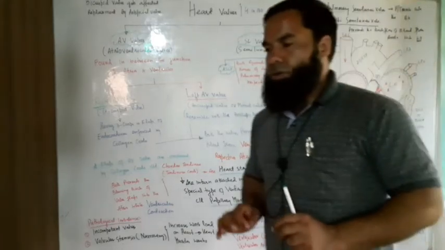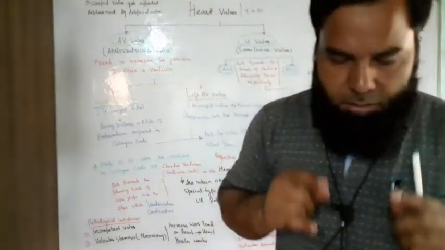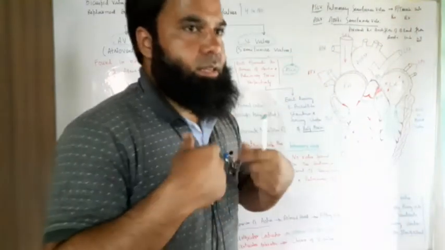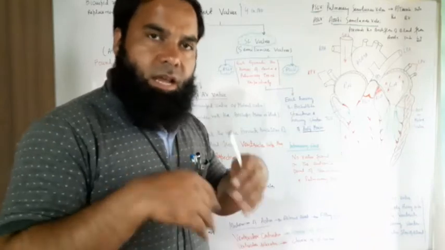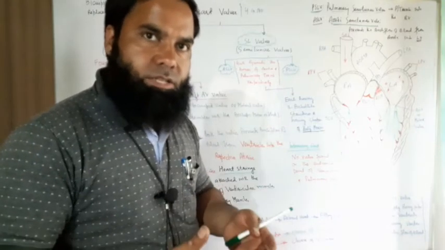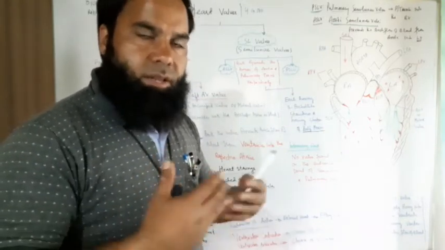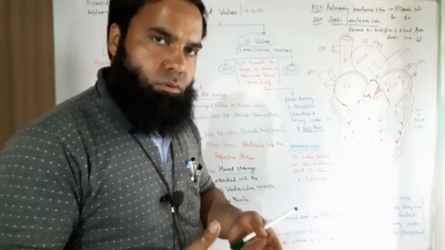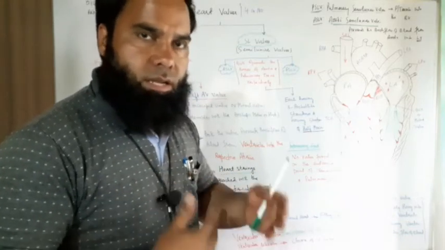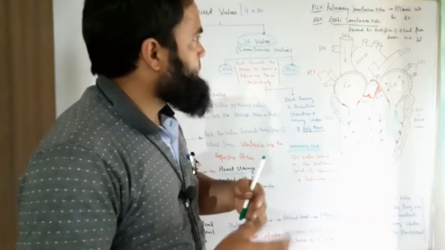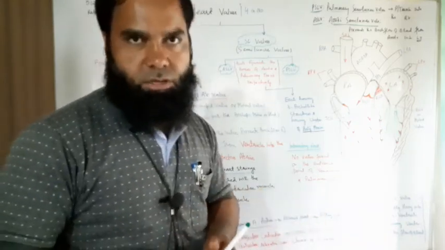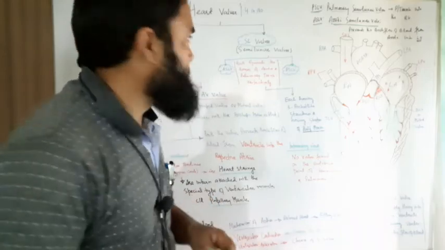When ventricular contraction takes place, the AV valves get closed and there is an opening of the PSLV and ASLV respectively. And when ventricular relaxation takes place, the PSLV and ASLV get closed due to the lesser pressure in the ventricles and greater pressure in the main aorta and pulmonary trunk. I hope that you got the information.